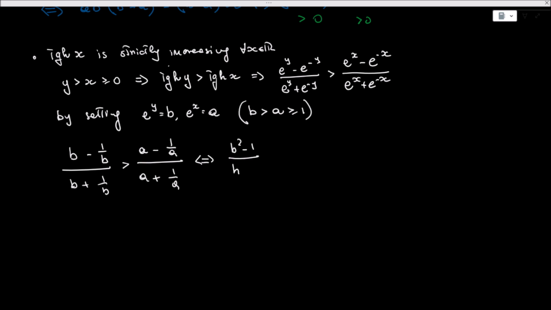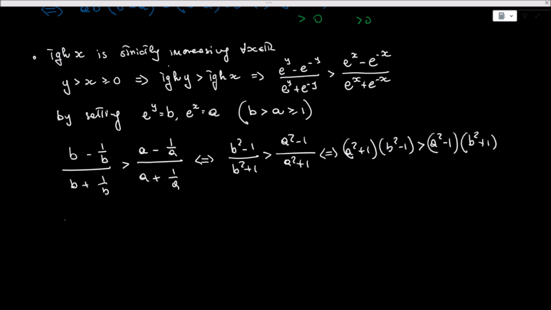And similarly, on the right hand side we have (a² - 1)/(a² + 1), which is true if and only if, multiplying by (a² + 1)(b² + 1), we get (a² + 1)(b² - 1) larger than (a² - 1)(b² + 1).